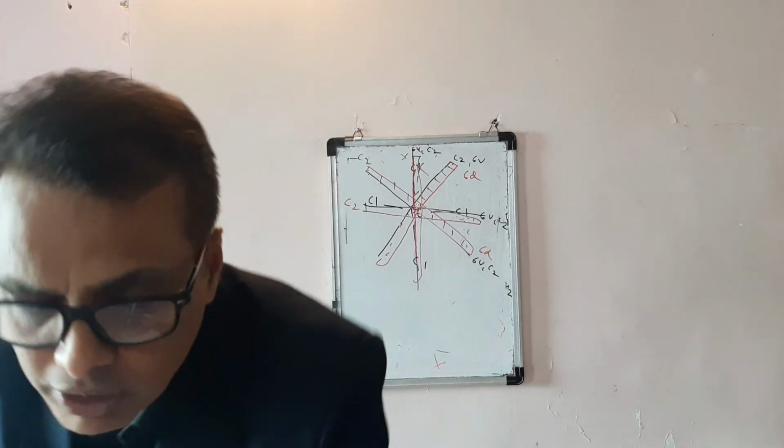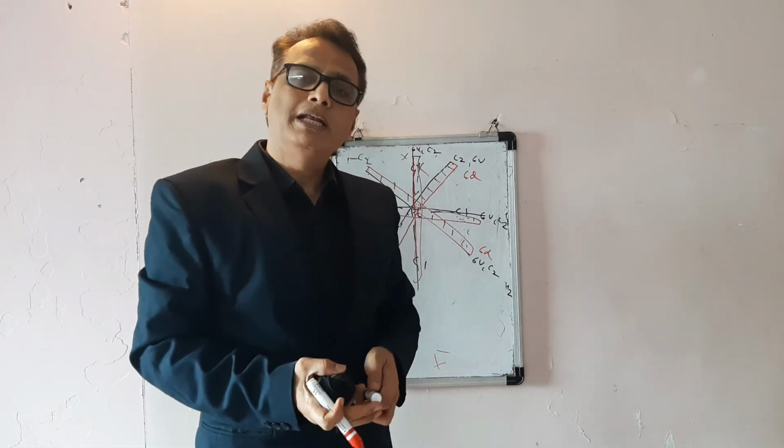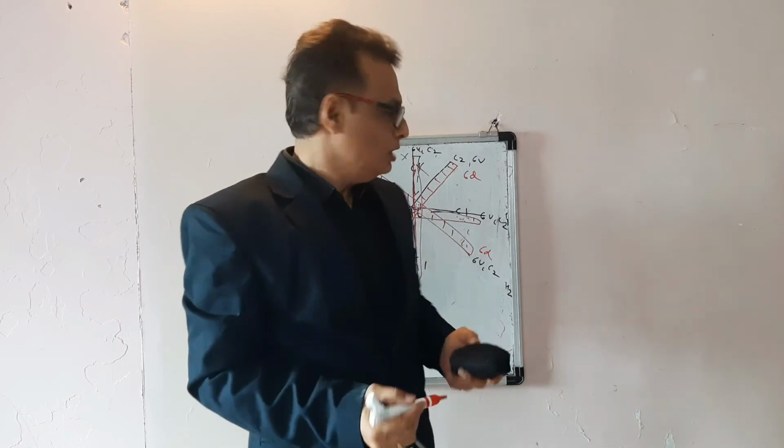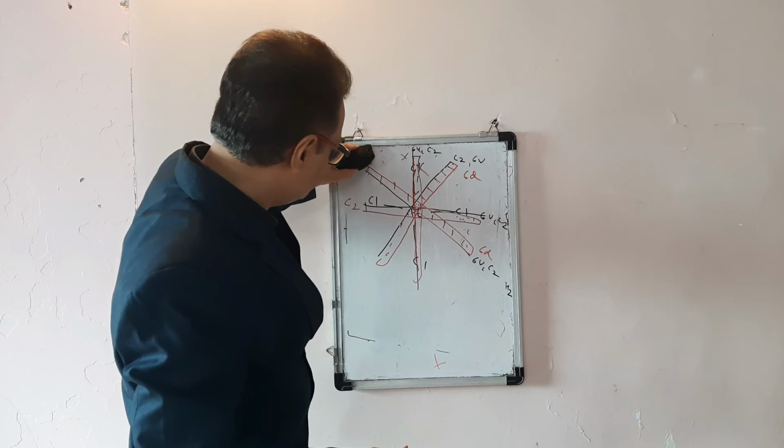Now can you try to answer this question? How many dihedral planes of symmetry are there in the benzene molecule? Let us understand using this figure.